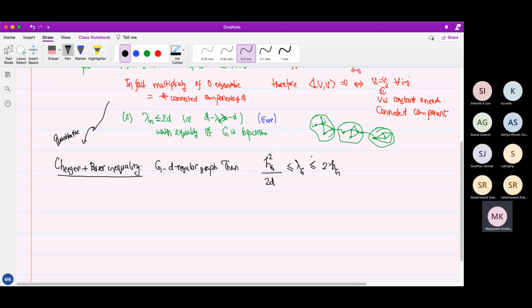One side is the easy one. This is the Cheeger inequality, this one. It's a non-trivial inequality. What it tells you, for example, is that one of the points for us is that G_n is a sequence of expanders.